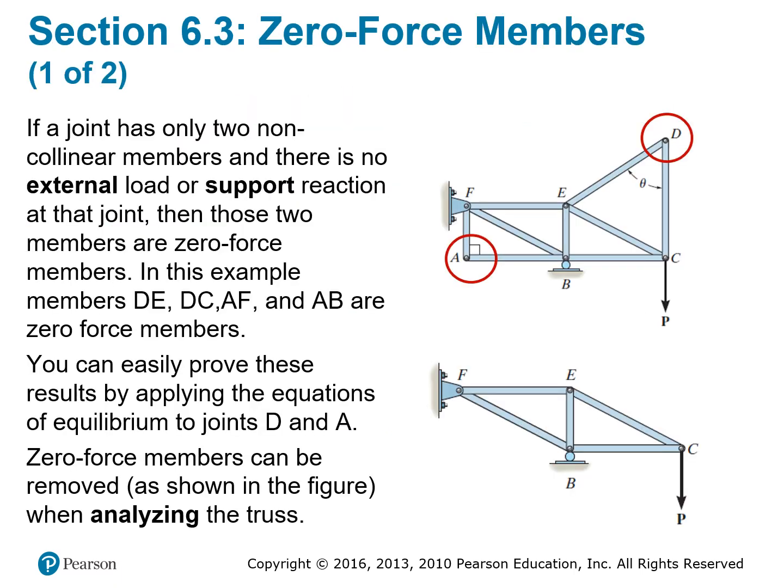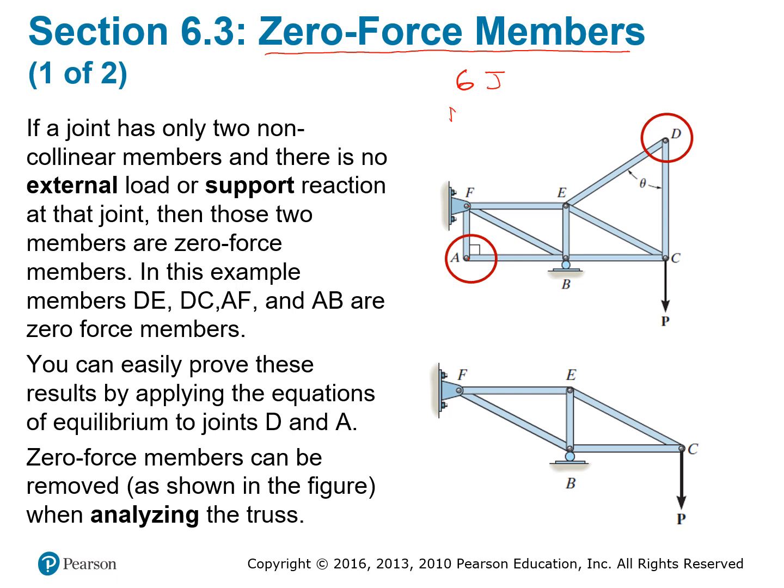Let's talk about the zero force member. So here you have a structure, which is a truss. How many joints do we have? You have A, B, C, D, E, F. 6 joints, right?